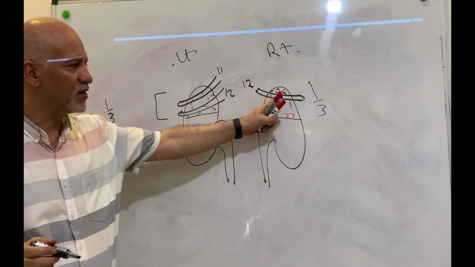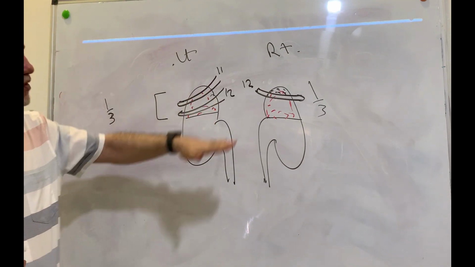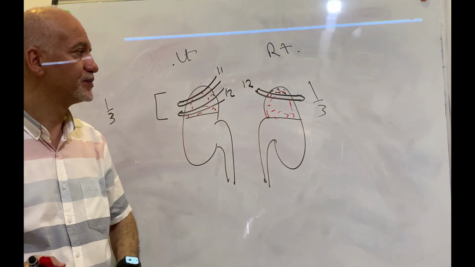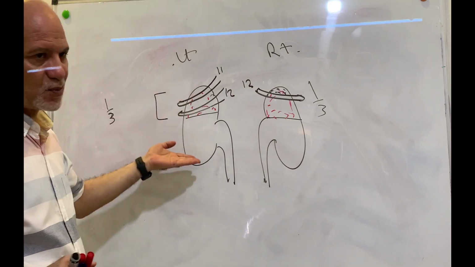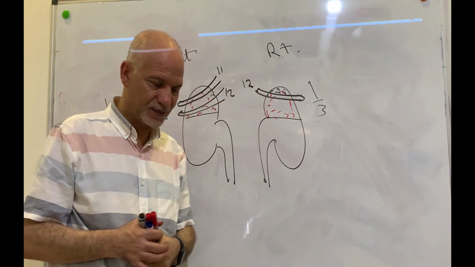Here one rib, rib 12, and here two ribs. Why? The liver compresses the right kidney down. So the position of the left kidney is higher than the position of the right kidney.